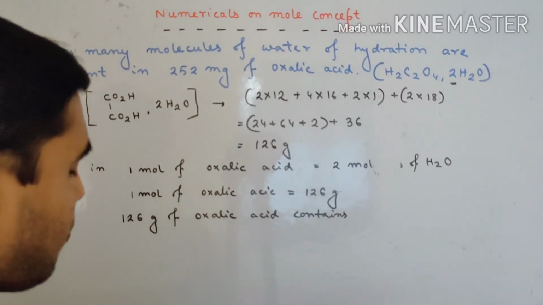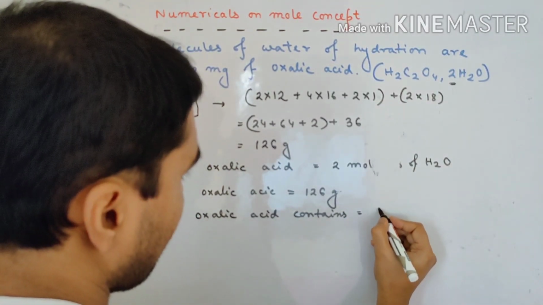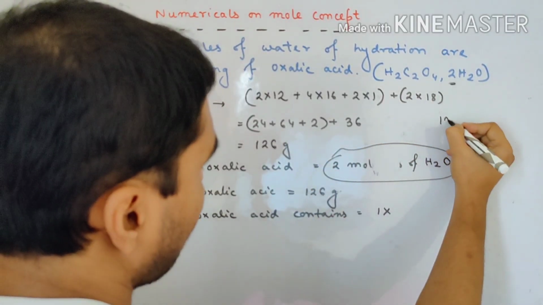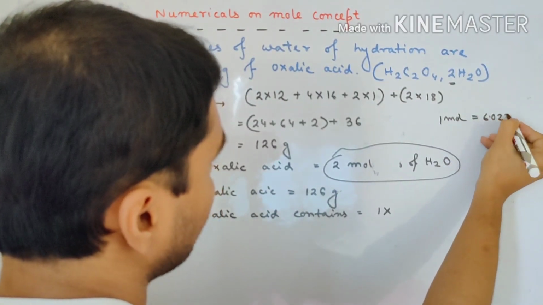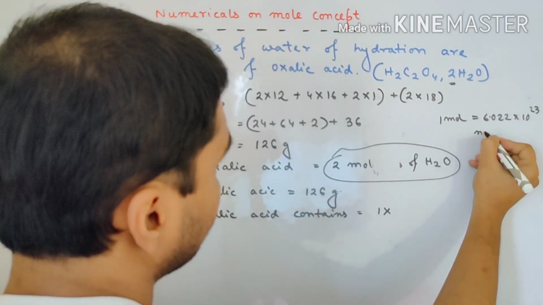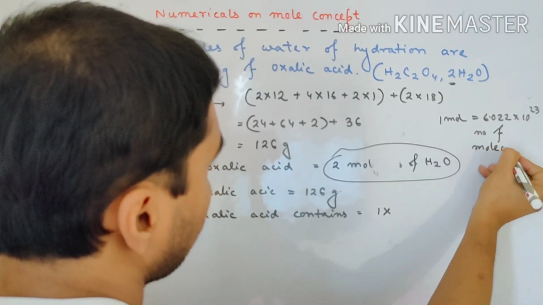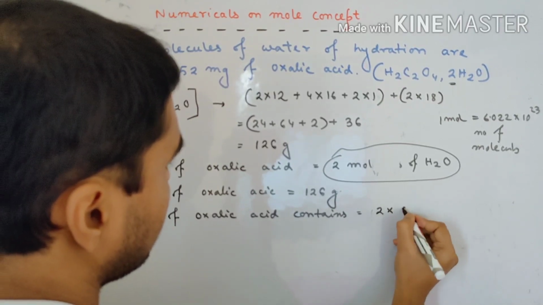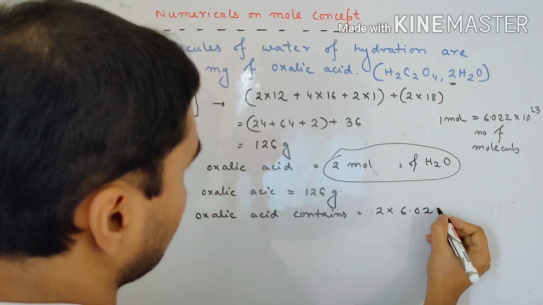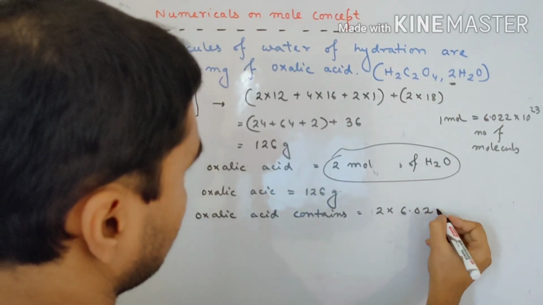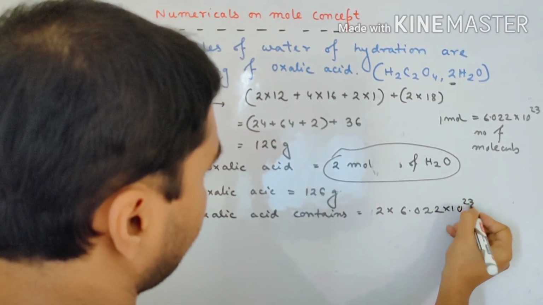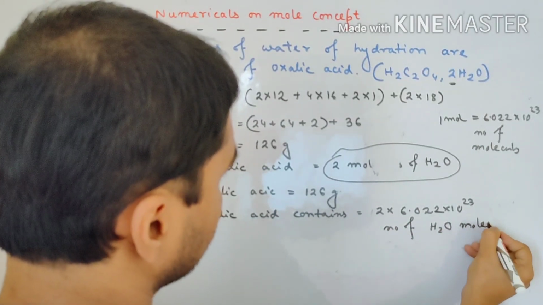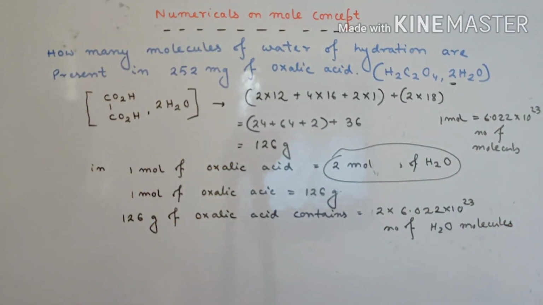So in 126 gram of oxalic acid, since it is 2 mole and 1 mole is equal to 6.022 into 10 to the power 23 number of molecules, it should be 2 into 6.022 into 10 to the power 23 number of H2O molecules. That is the case.